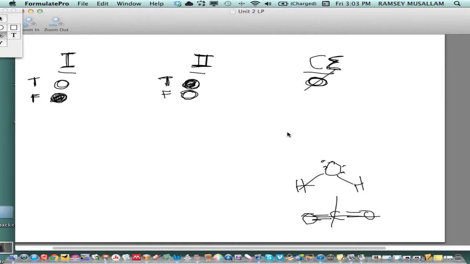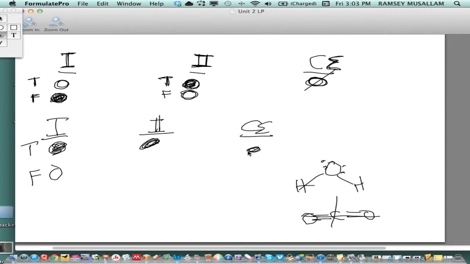You have to look at them all individually. So if I were to say the shape of carbon dioxide is linear, what would you say? True. And for this one, I would say carbon dioxide has no lone pairs on the central atom. True. And that is a correct example. The reason it's linear is it has no lone pairs on the central atom.